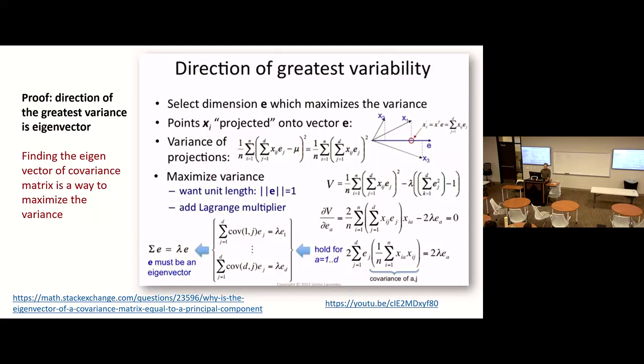Again, this is to explain why the eigenvector of the covariance is always a way to maximize the variation. There are formulas derived until this, but still we have a missing part.